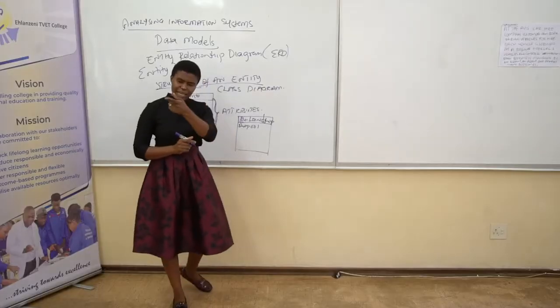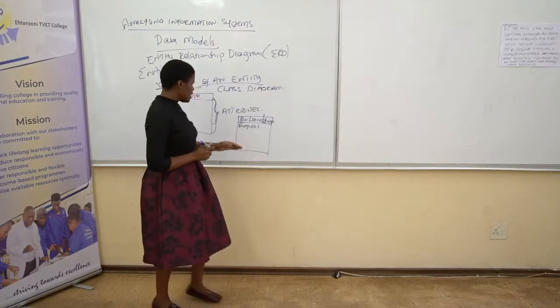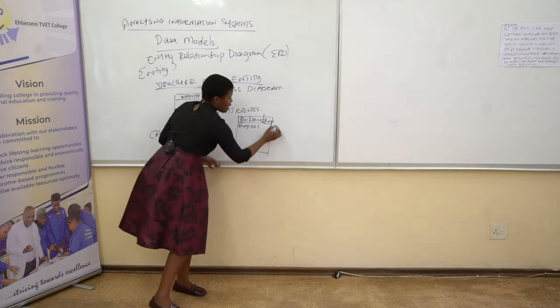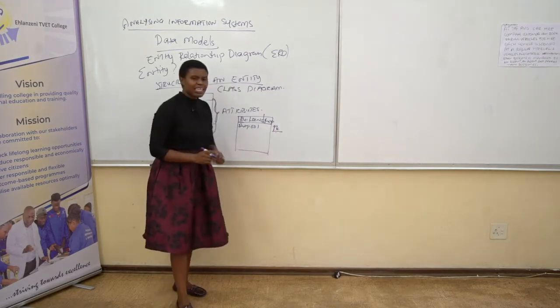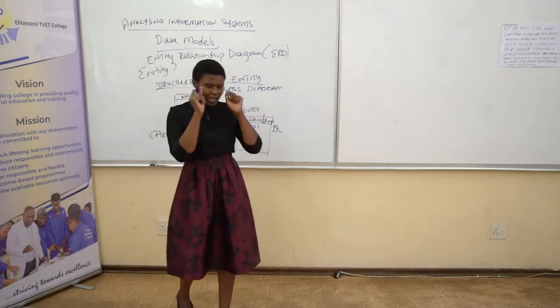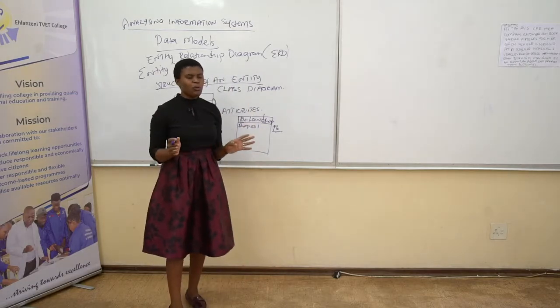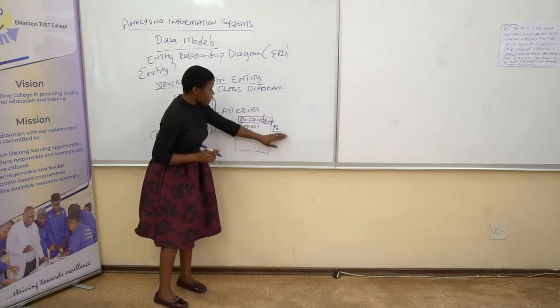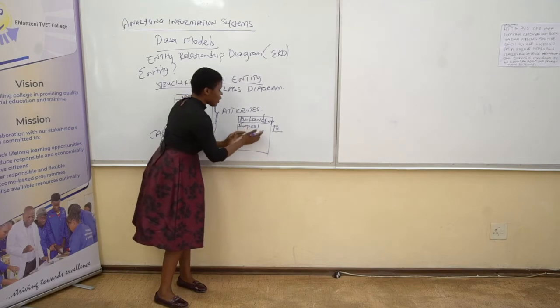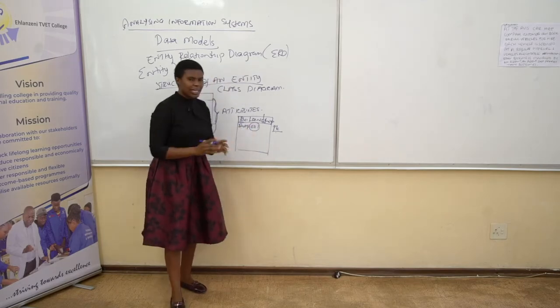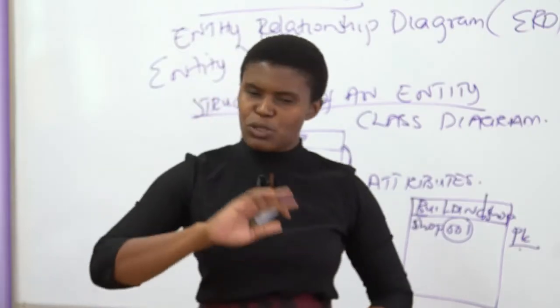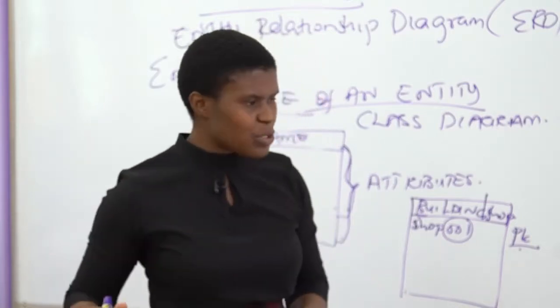If you're going to have another one in Malelane, it's going to be 002. Why do we say it's a primary key? It must uniquely identify that shop. Because if you say Spar and keep quiet, everyone knows that Spar is all over. So now if you say it's a primary key, it must be 001. This number is already taken. The next Spar must have 002, 003, up until the last one.